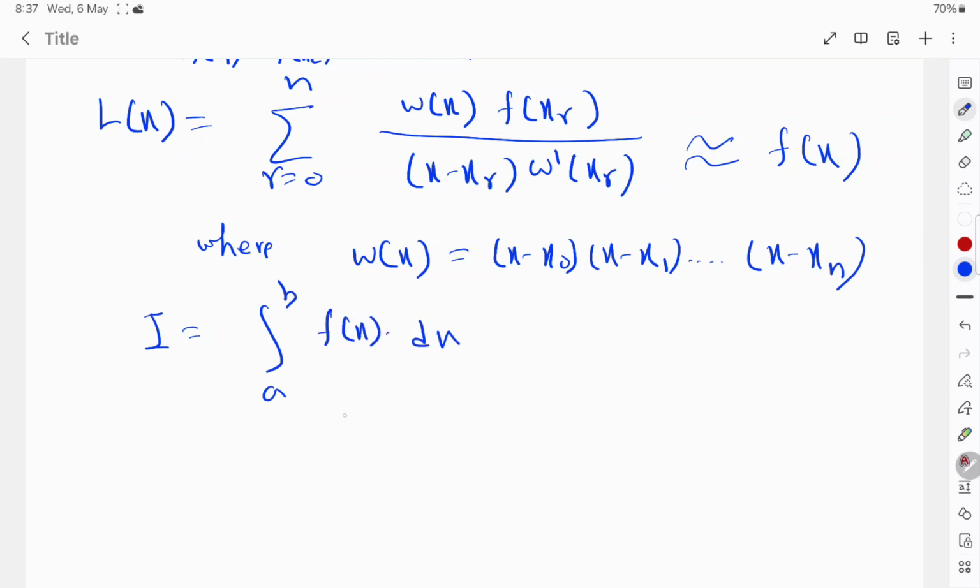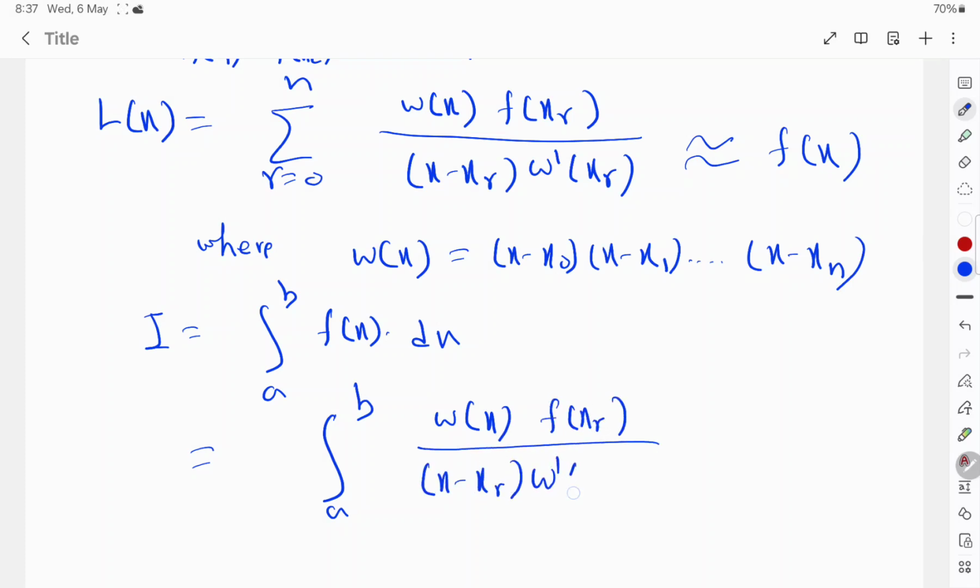So here, if you substitute that expression, because this is also a closed form of Lx, you have integration a to b of w of x f of xr by x minus xr into w dash xr dx.